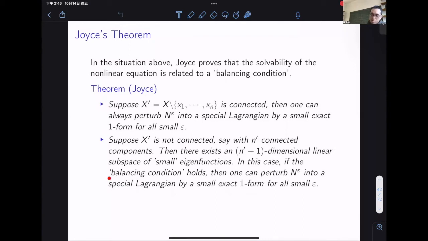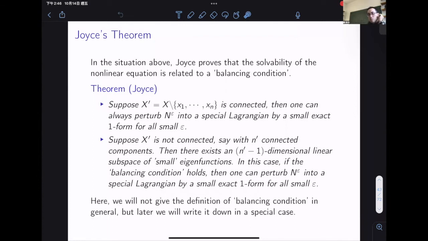If the balancing condition holds here, then one can perturb N_epsilon into a special Lagrangian by a small exact one-form. Here I don't give the exact statement of this balancing condition, because otherwise I need to explain a lot more terminology. But we will see this condition in a special case later.